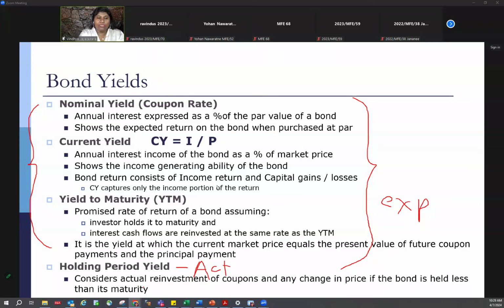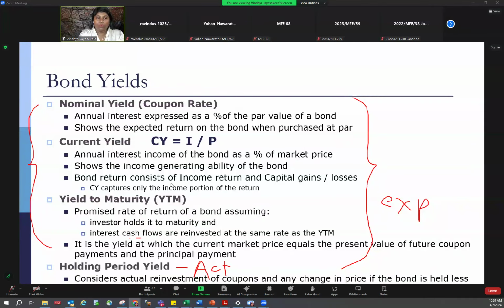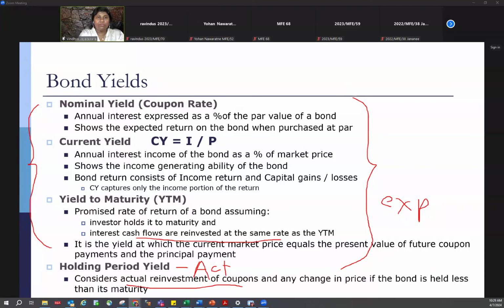It considers what actually happened to our coupons. One of the biggest problems with yield to maturity is that we assume the coupons are reinvested at the same rate as the yield to maturity. But that doesn't necessarily happen. An ideal example is last year, when we had yield to maturities of 30% or 25%.